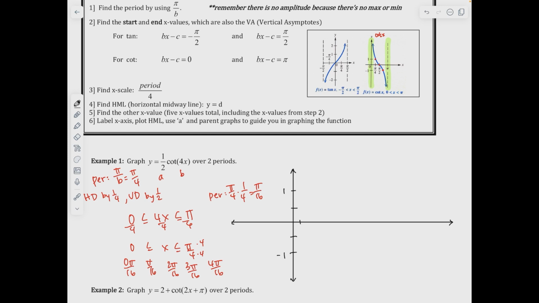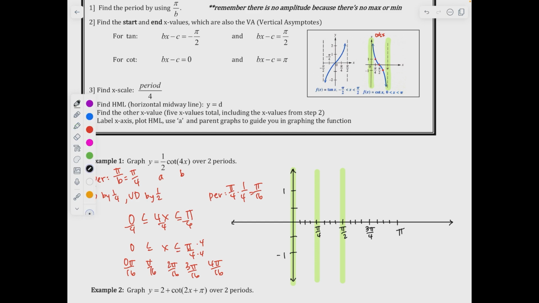So 1, 2, 3, 4, 5, 6, 7, 8, 9, 10, 11, 12, 13, 14, 15, 16. That should be enough because 0 to pi over 4 is already where I'm going to need to be, from 0 to pi over 4, and then another pi over 4. I could have actually spread it out a little more if I wanted to.